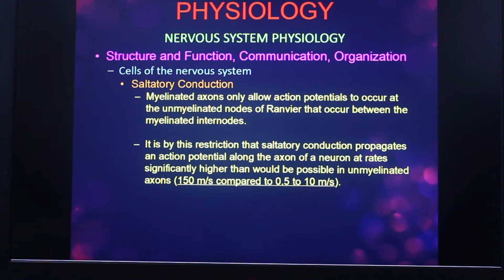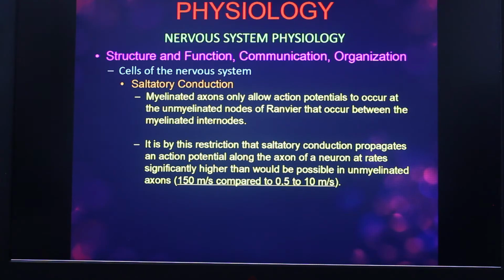So myelinated axons only allow action potentials to occur at the unmyelinated nodes of Ranvier that occur between the myelinated internodes. It is by this restriction that saltatory conduction propagates an action potential along the axon of a neuron at rates significantly higher than would be possible in unmyelinated axons, as you would remember in the GIF that I have shown you.